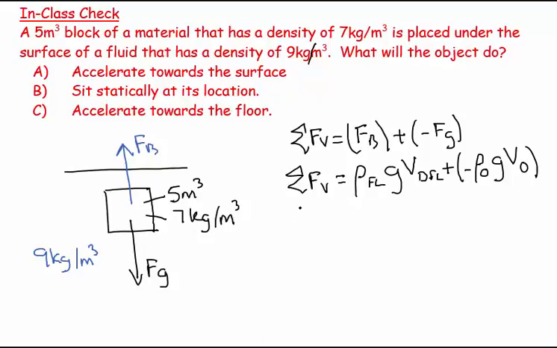Let's try and put some numbers in. The sum of the forces vertically is going to equal, well, we actually do know the density of the fluid is 9. And we know G is 10. And we know the volume of displaced fluid is 5.